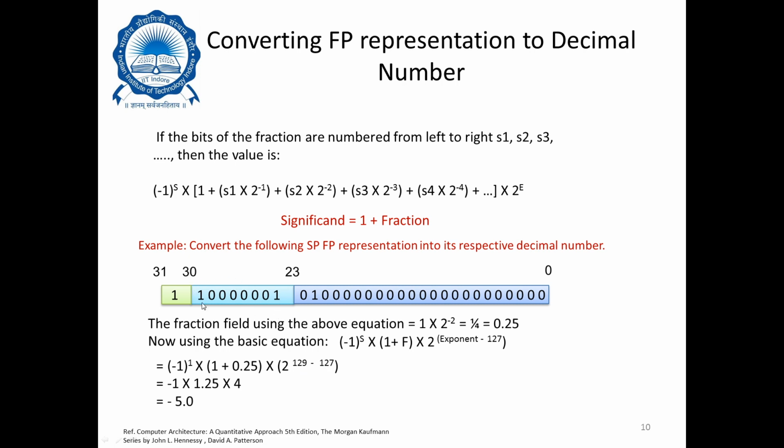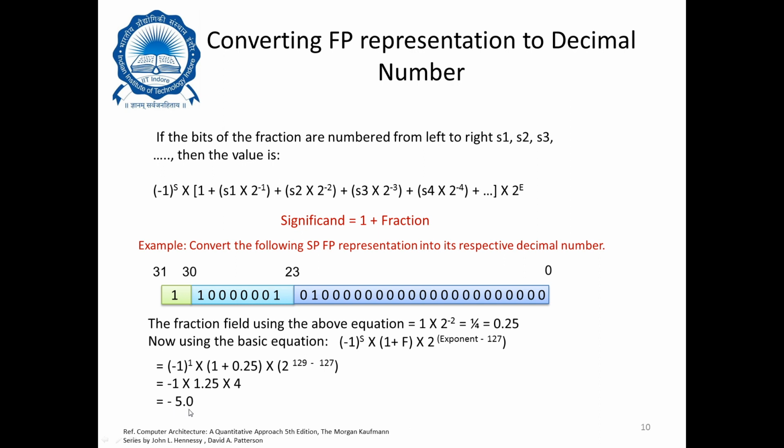This 129 is the decimal value of the exponent binary that is here. So the actual exponent is 129 minus 127, which is 2. So 2 to the power 2 gives 4, and this entire computation becomes minus 5.0.